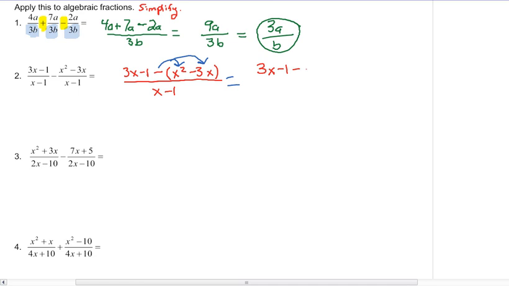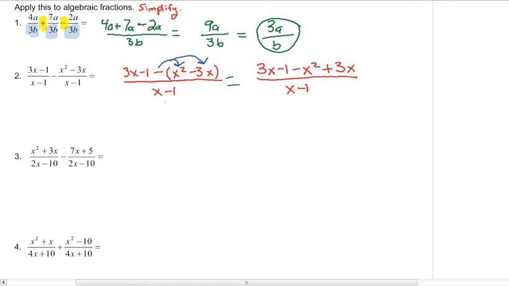So it's minus x squared, which you have from this minus sign in the middle, and then minus negative 3x. You know two negatives make a positive. Now that is going to be divided by the same denominator, just x minus 1.